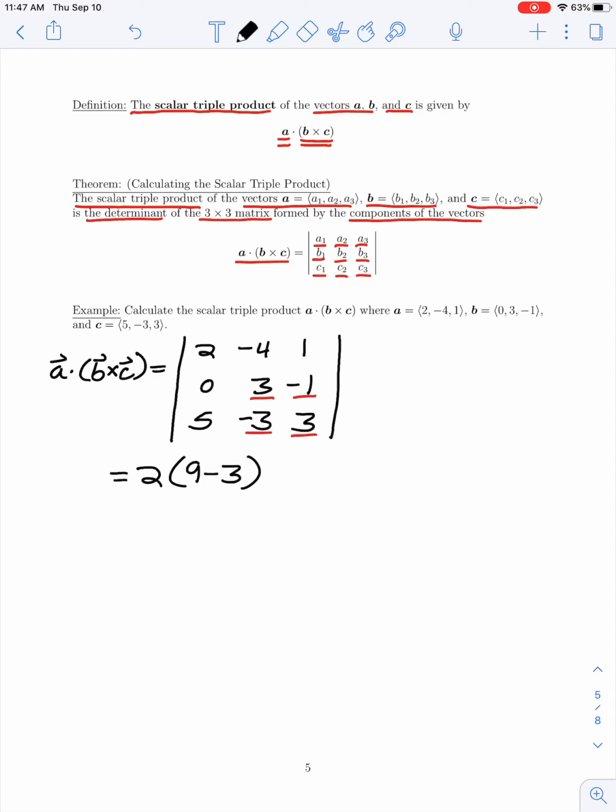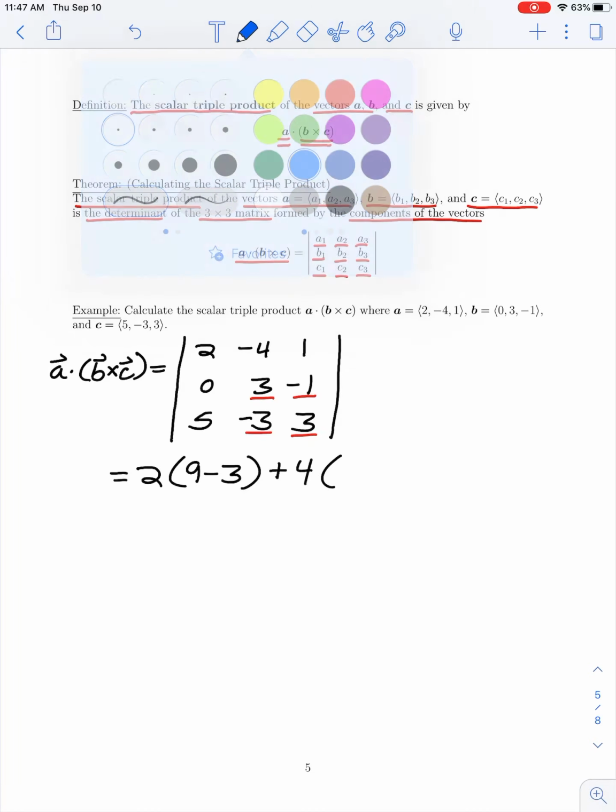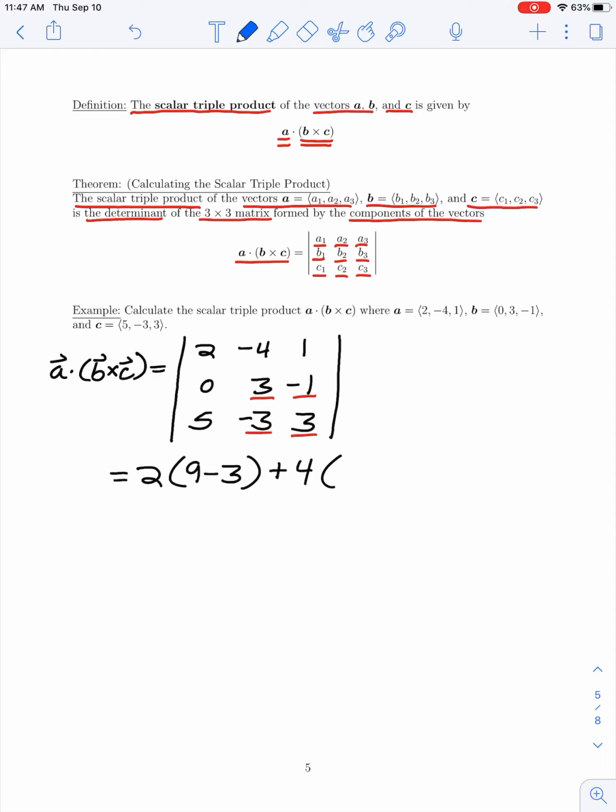And then I would take the negative of the second entry in my first row. So the negative of that -4 would give me a +4 times the determinant of the 2x2 submatrix I get by deleting that row and column, which would be 0 times 3, or 0, minus -1 times 5 is -5. So 0 minus the -5, or 0 plus 5.